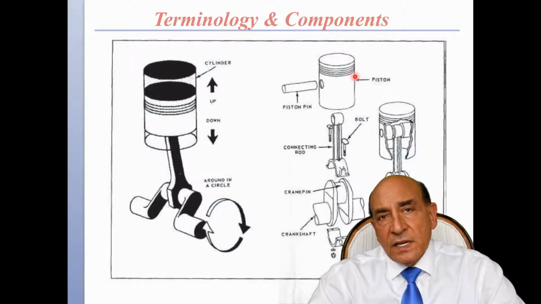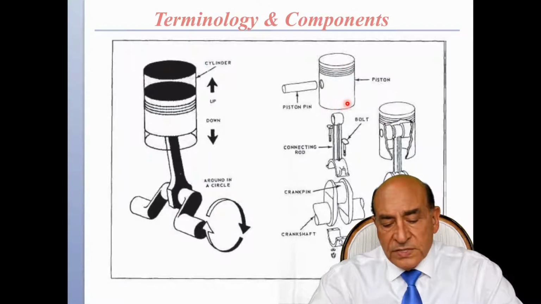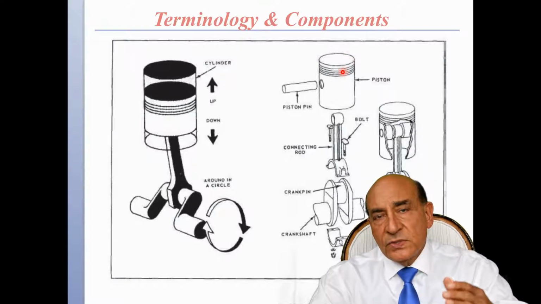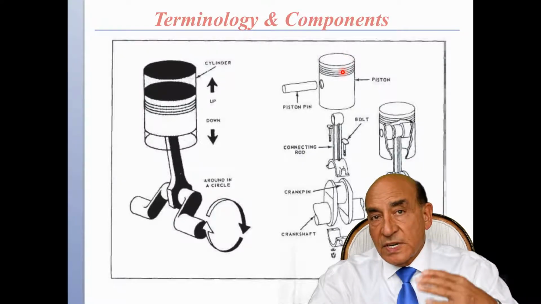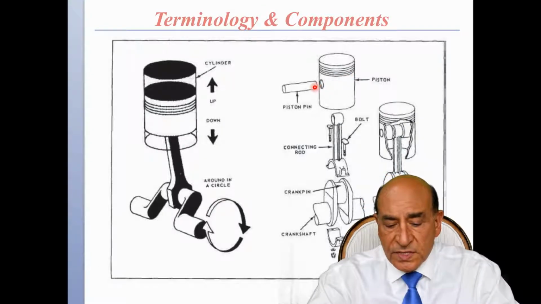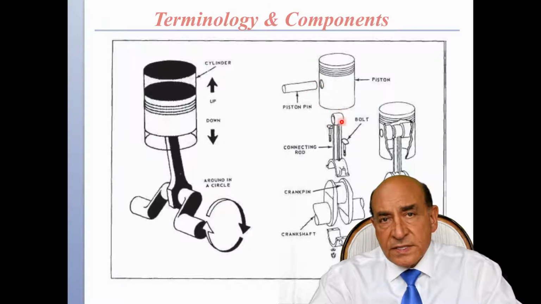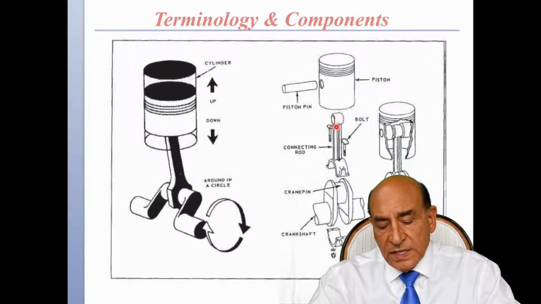So here, in terms of the engine, the piston is the component that has the pressure from the combustion process. How to compute the pressure will also be part of the process for the engine that you'll choose. And the piston is attached to the small end of the connecting rod. We have a small end here, and we have a large end here.